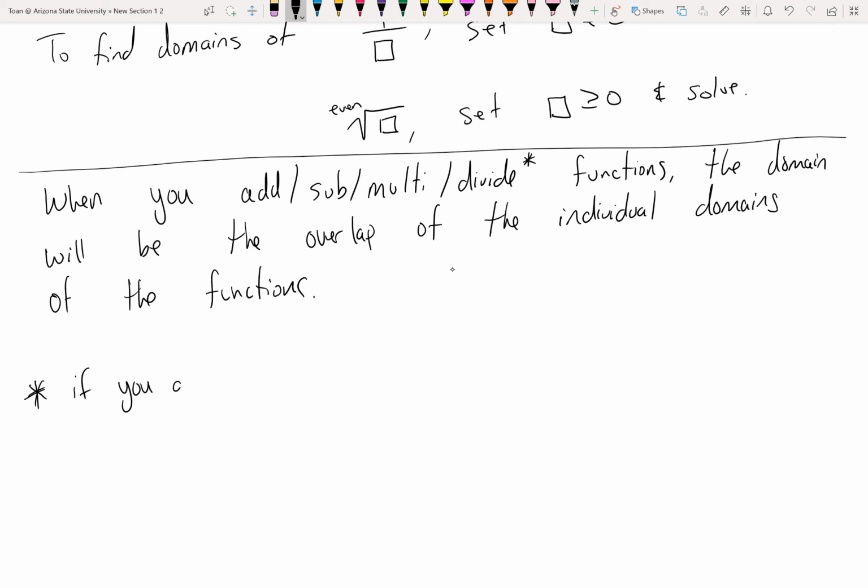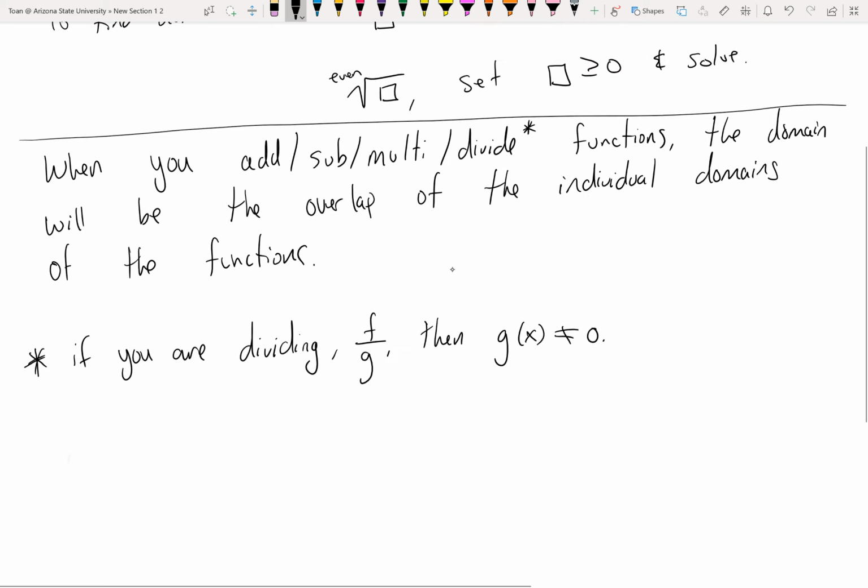If you are dividing, say, f over g, then that g function cannot equal 0 for the aforementioned reason. So in a division problem, you also have to exclude whenever the denominator equals 0.